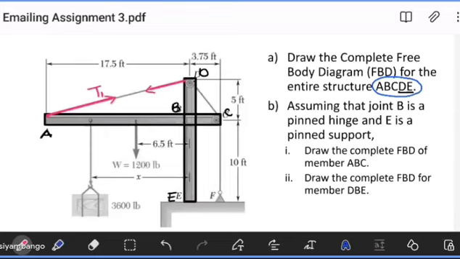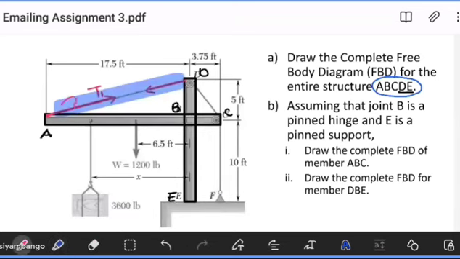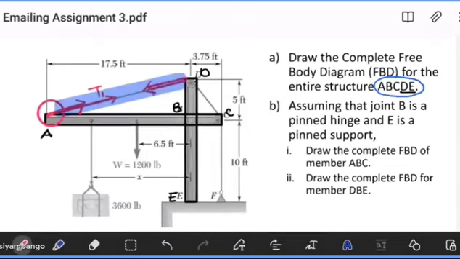So here, what you have to see is that because this is the same rope, the tension inside this rope is the same. But the only thing is that its effect on point A is such that it's pulling point A upwards in that manner. But its effect on point D is such that it's pulling point D downwards in that manner.